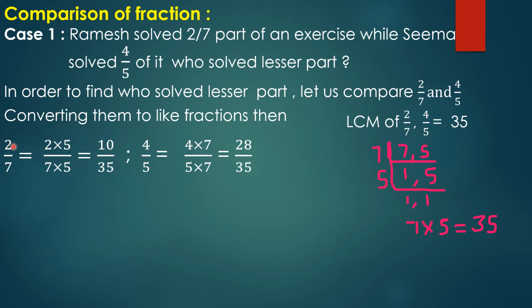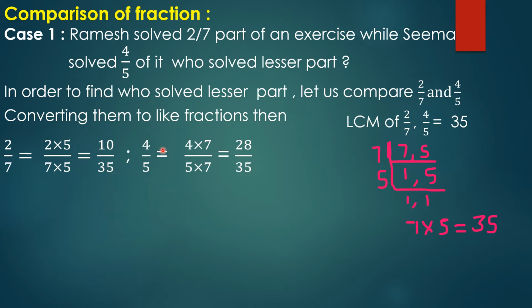Take the first fraction, 2 by 7, equal to 2 into 5 by 7 into 5, because we need the denominator 35. Therefore it should be multiplied by 5, and when we are multiplying the denominator, the numerator also should be multiplied. Therefore 2 fives are 10, 7 fives are 35.